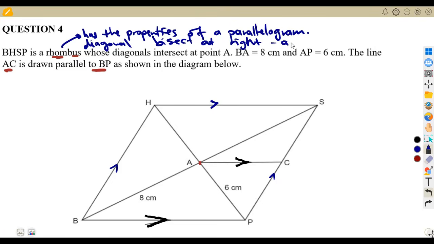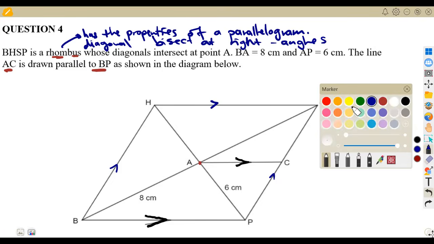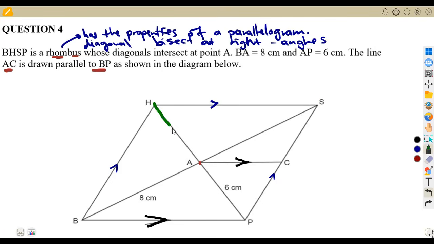What does it mean? The diagonals bisect at right angles. This is the diagonal from H to P, and from B to S, that's the other diagonal. So these two diagonals, where they meet at this point here, bisect each other, meaning HP is going to be divided into two equal parts. Remember, to bisect is to divide into two equal parts.